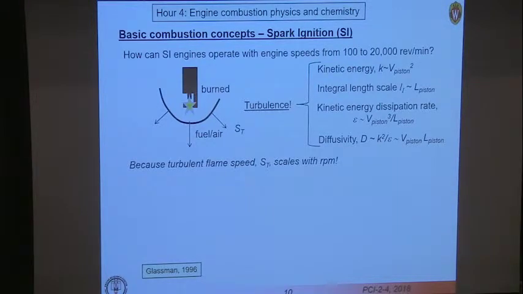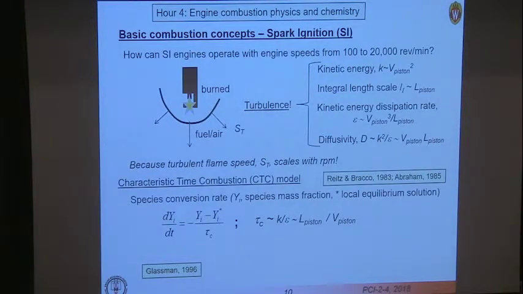Okay, so this kind of thinking led Professor Bracco, and I was part of his group, to propose a model which we called the characteristic time combustion model that could help explain this. And the idea of the model was the following.